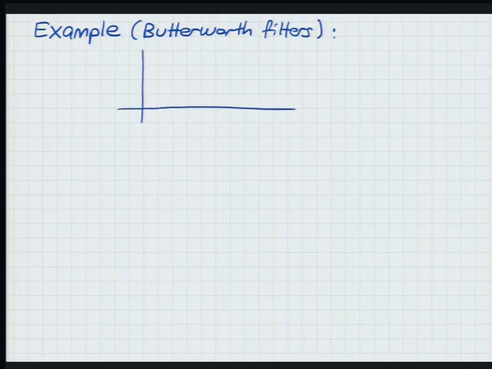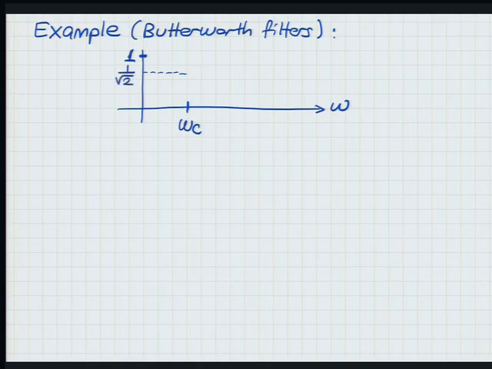So the frequency response of a Butterworth filter looks like this. First of all, an important parameter for a filter is the cutoff frequency, right? Usually that cutoff frequency is defined this way: if you are designing a low pass, it's going to be 1 at zero frequency, and the cutoff frequency is defined to be 1 over square root of 2.